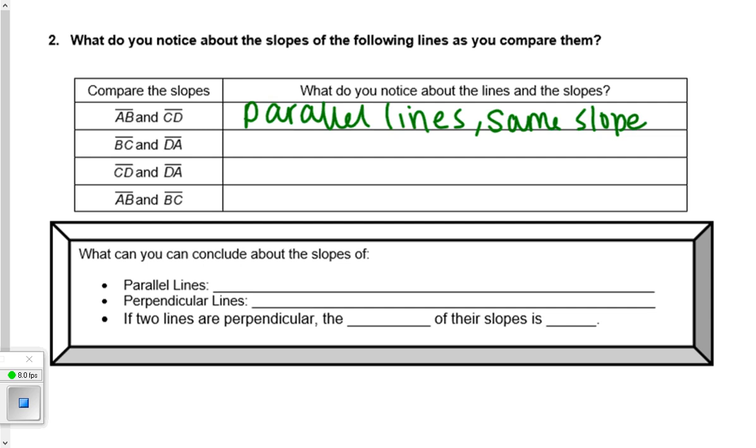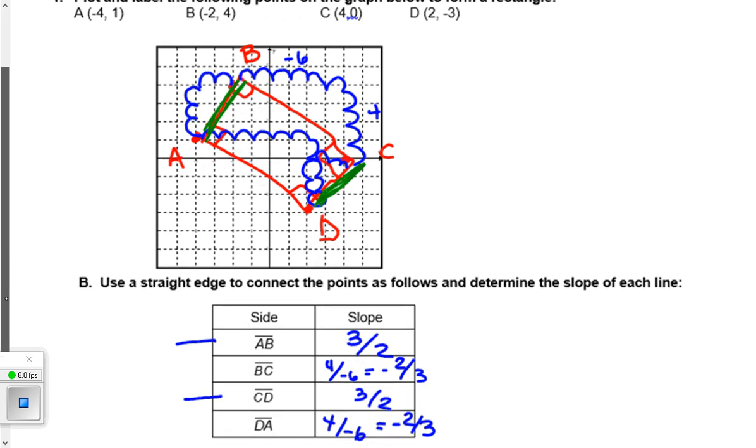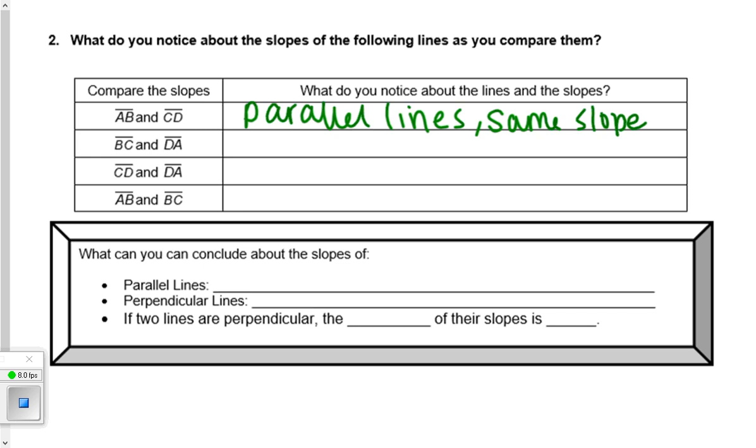Okay, then they want us to compare BC and DA. Okay, so BC, DA, let's scroll down here. BC, DA, negative 2/3, negative 2/3. Well, and again, BC is parallel to DA. So same thing, parallel lines, same slope.